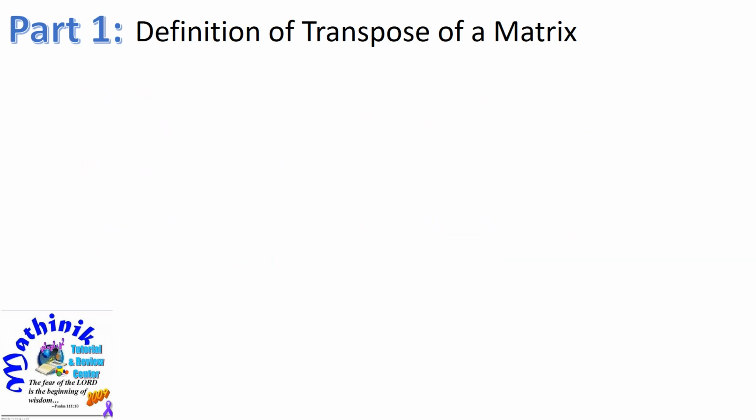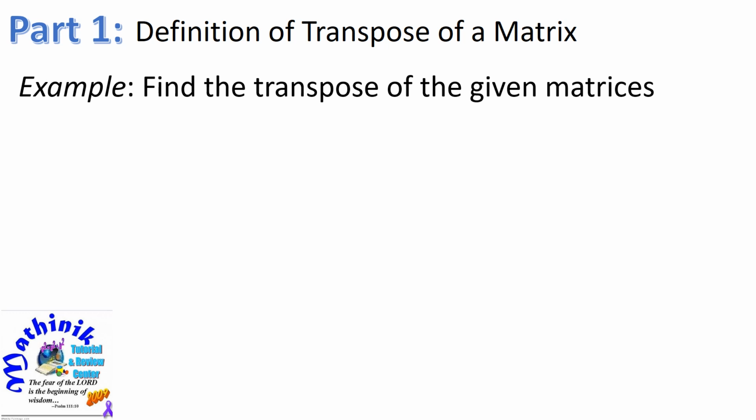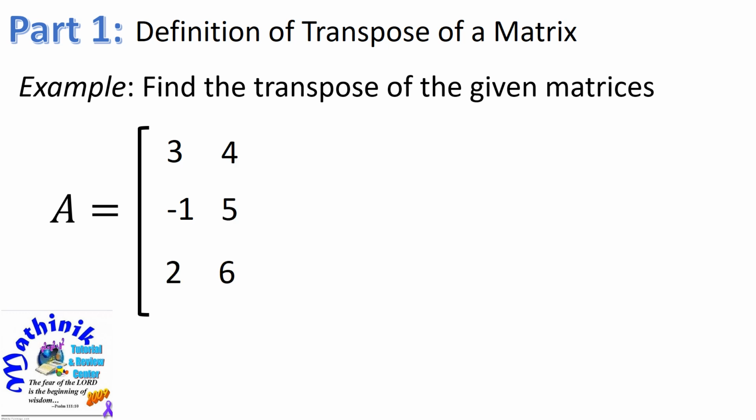Let's have some examples. Find the transpose of the given matrices. A is a matrix with elements 3, negative 1, 2 in its first column, and 4, 5, 6 in its second column. If we're going to write the transpose of A, by definition, columns will be rows and rows will be columns. So that is denoted by A transpose.